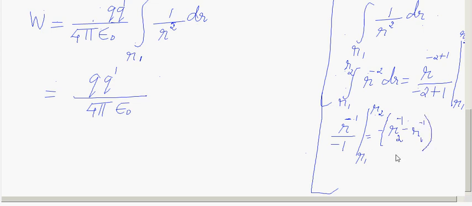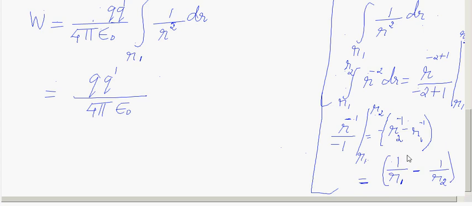Take the minus sign inside, so we can write it as 1 by R1 minus 1 by R2, because R2 to the power minus 1 is 1 by R2.